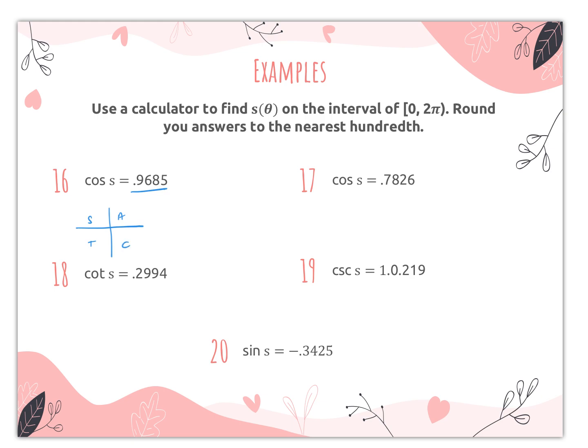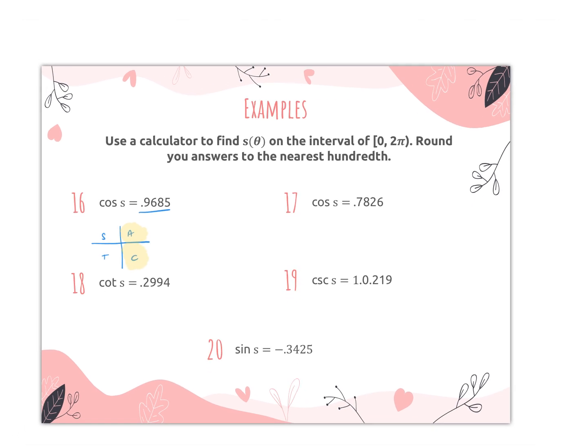And if you notice, my cosine is a positive value. Well, there are only two quadrants where my cosine is positive, and that's quadrant 1 and quadrant 4. And so I need to figure out what is the reference angle so I can find the angles in those two quadrants. Quadrant 2 and quadrant 3 are out because I know that my cosine is negative in those.